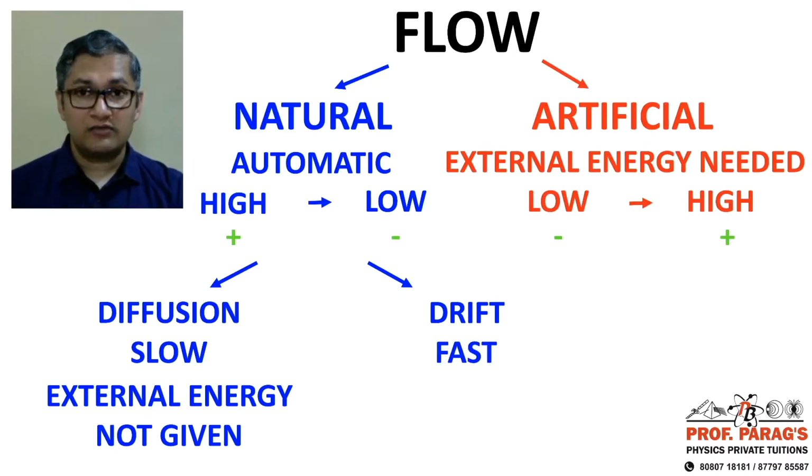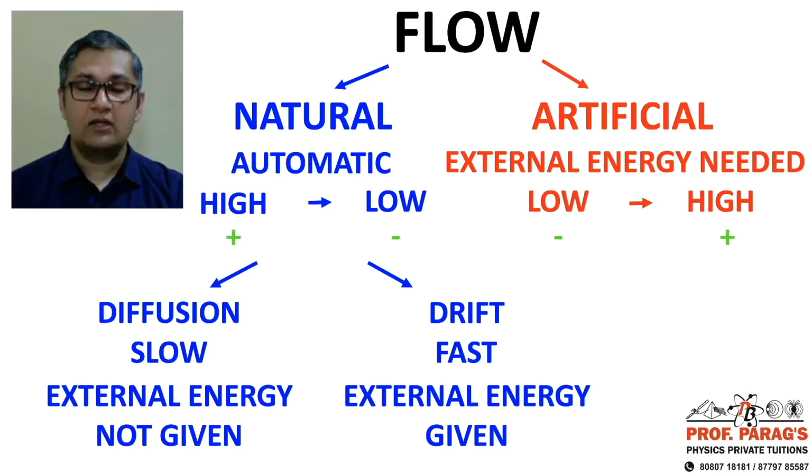Drift means again it is a flow from high level to low level. That means the ink is flowing from a place where the concentration of the ink is high to a place where the concentration of the ink is low, but this time it's going to be much faster. Why? Because some external energy has been provided.